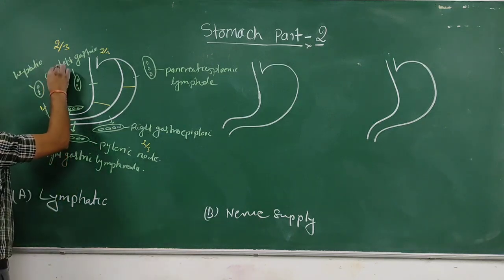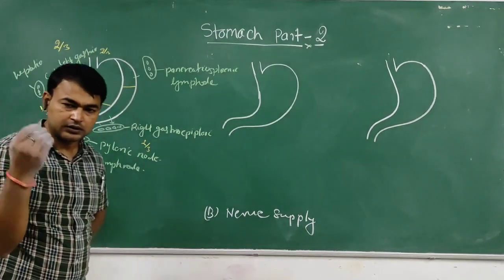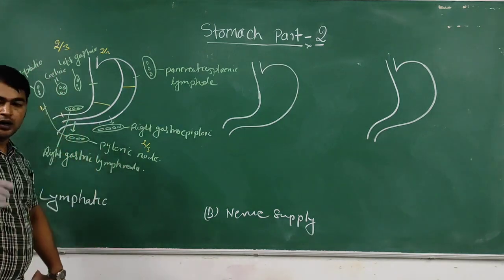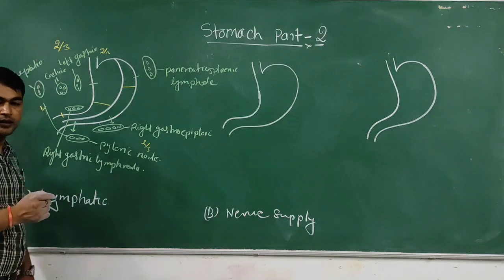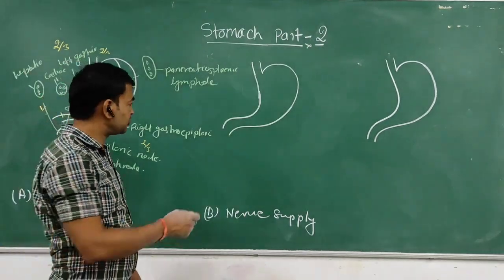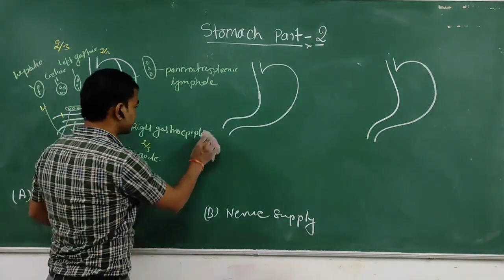From the celiac lymph nodes, all lymphatics are drained to the cisterna chyli, that is the thoracic duct. Okay, so this is about the lymphatic drainage of the stomach.